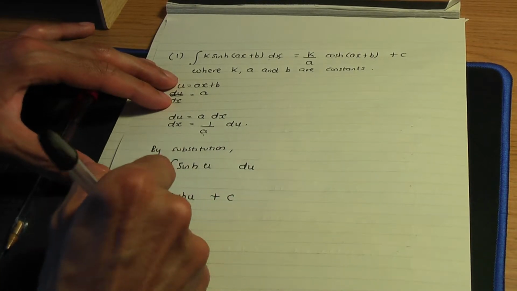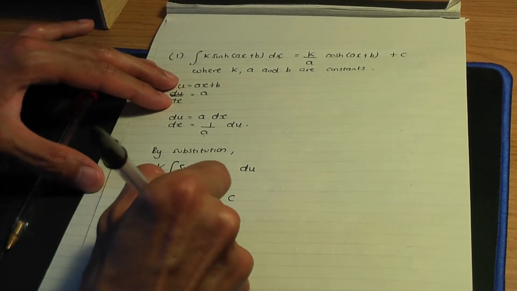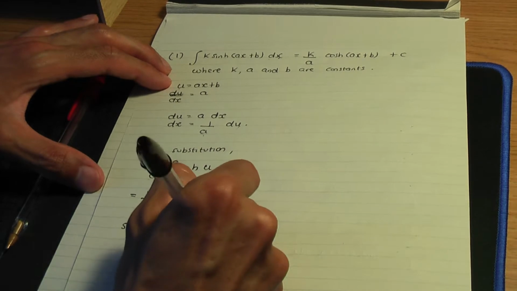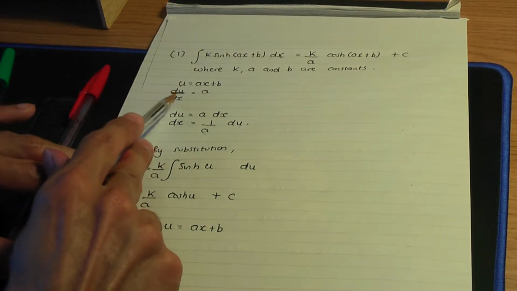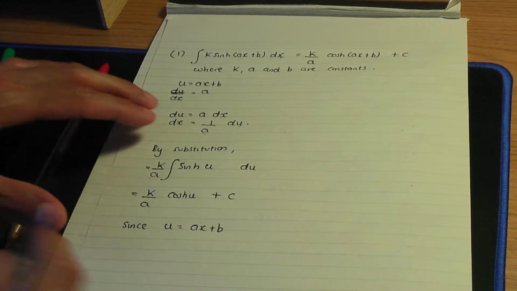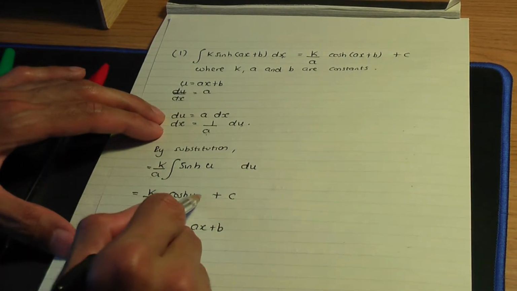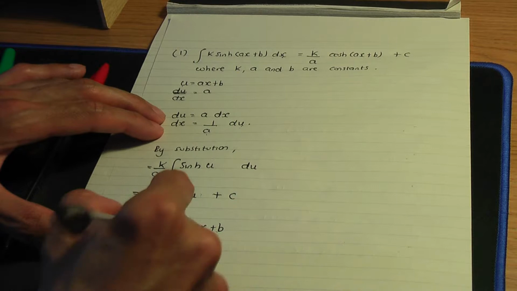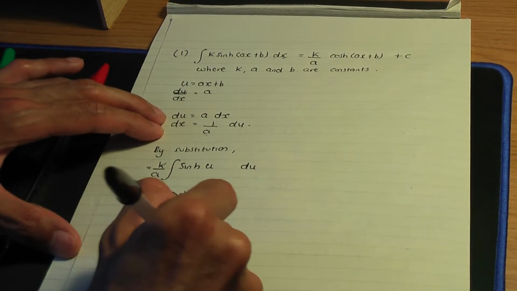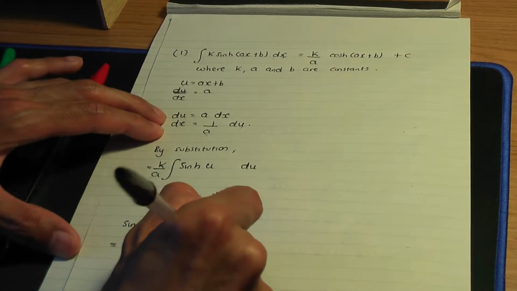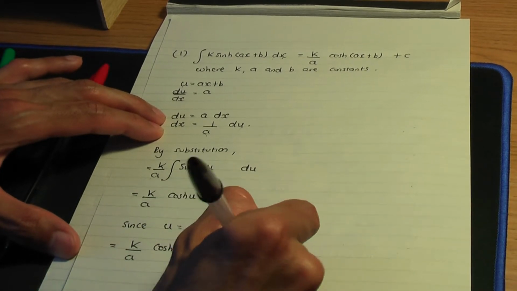And since u is equal to ax plus b, that comes from the substitution. If I replace the u by ax plus b, we'll have k over a hyperbolic cos of ax plus b, plus c.